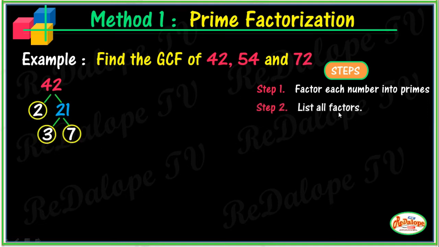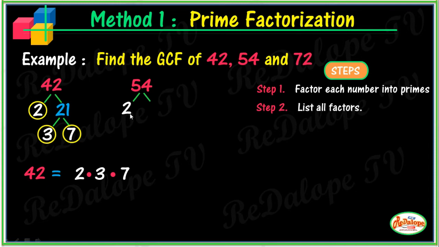Then, next step, we will list all the factors of 42. So for 42, we have the factors 2, 3, 7. Then the next number we have is 54. So 54 is an even number, so we can divide it by prime number 2.